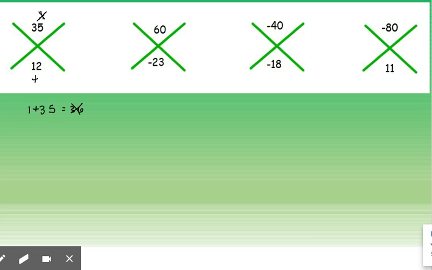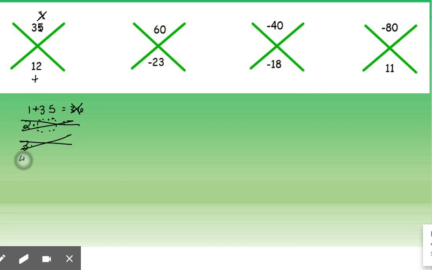Well, the number after 1 is 2. And we need to figure out what this other number is. It's not 35, but I can figure it out by using 35. 35 divided by 2 is a decimal. Cross it off. You're looking for nice numbers. 35 divided by 3 is a decimal.